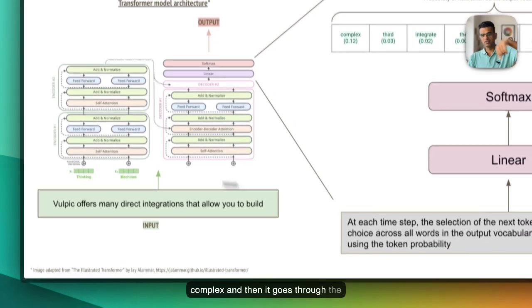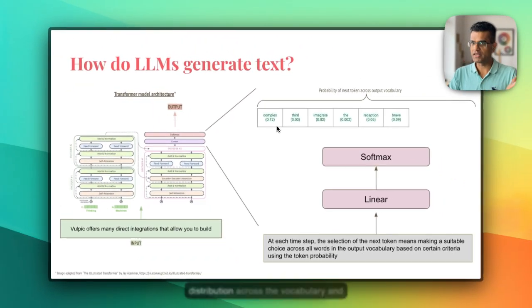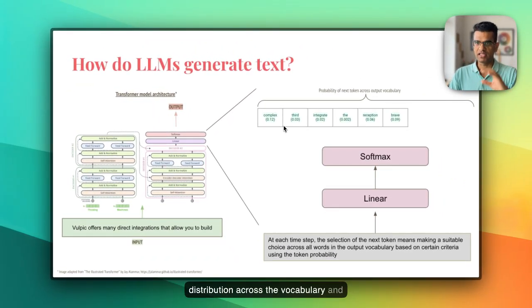And then it goes through the entire model, and you get a new output and a new probability distribution across the vocabulary. Now some other word may have a higher probability than complex, and therefore that word will be generated and not complex, right? So that's a simple and easy way to understand how this token generation is happening at each time step. That's the most obvious, simple way.